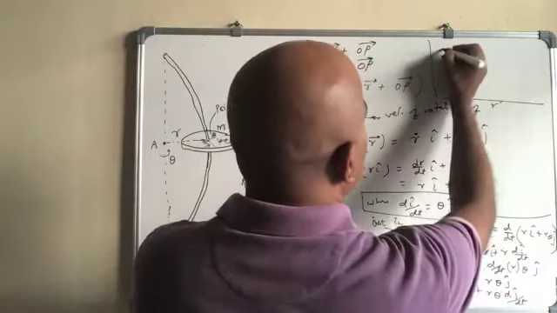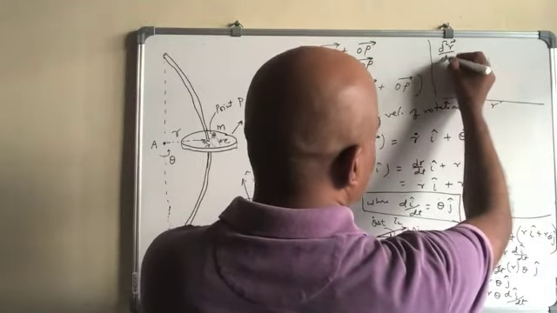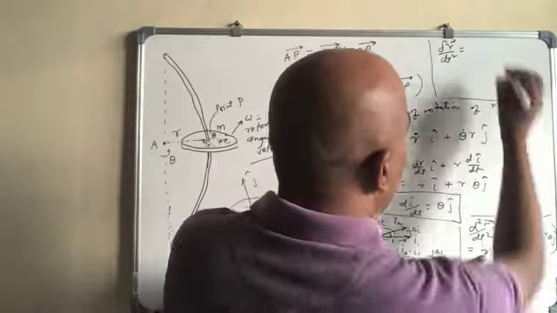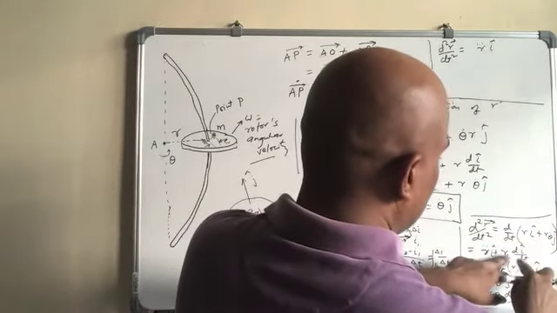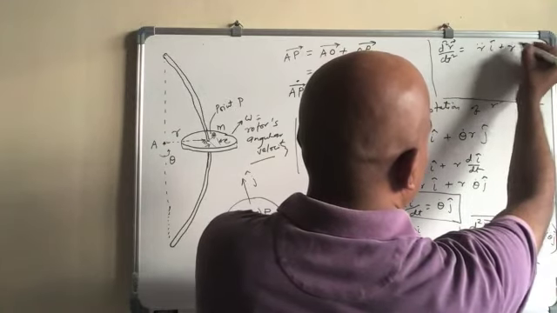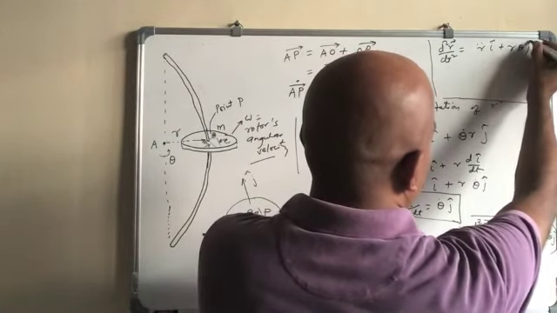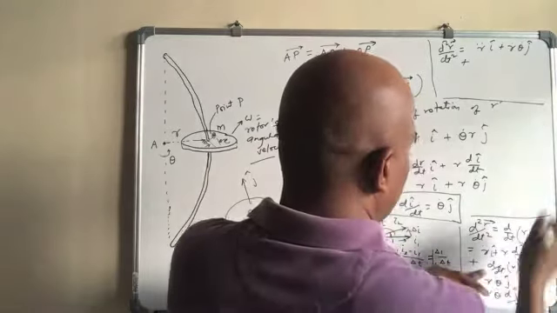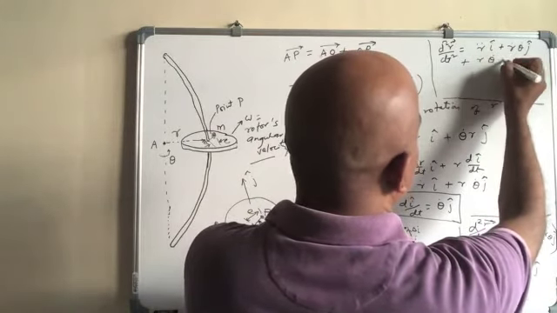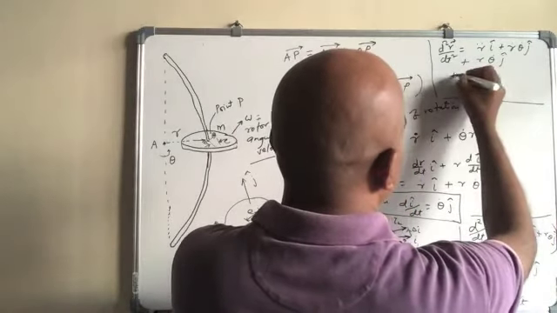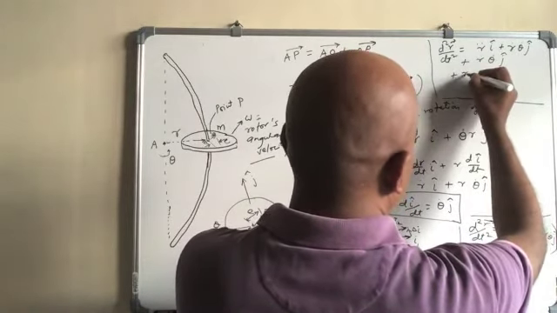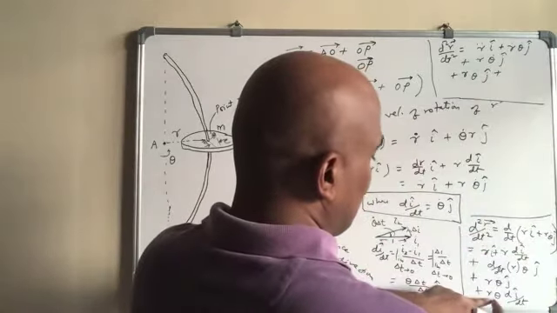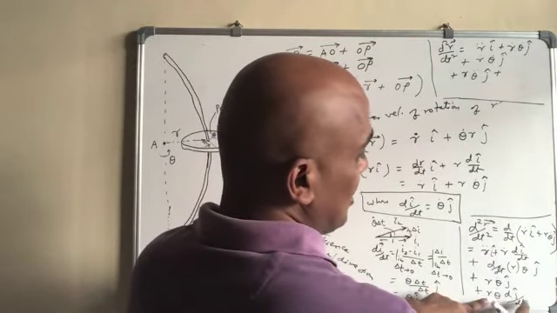So d square r vector over dt square will be equal to r double dot I, plus r dot theta dot j, since theta dot j equals di over dt, plus this is r dot theta dot j again, plus we have r theta double dot j, and then plus r theta dot dj over dt.